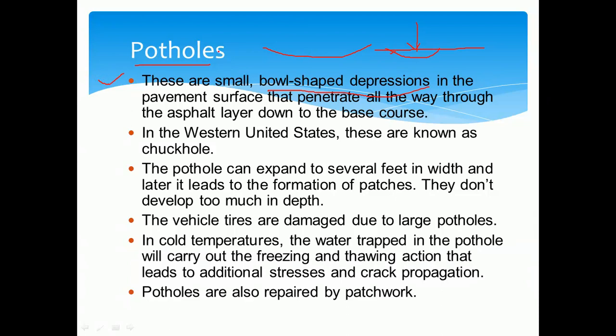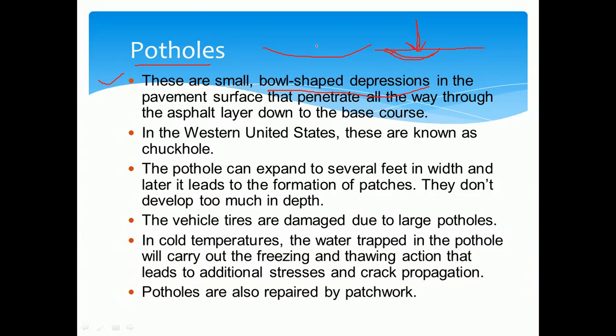Why is it caused? Because of the heavy loads coming on the road surface. When there is a permanent deformation, we can observe the potholes. And sometimes potholes may expand.